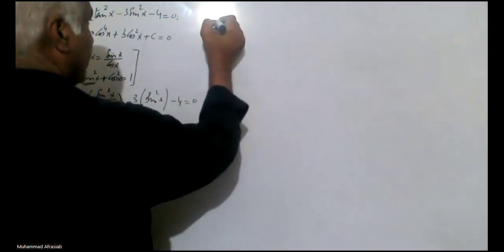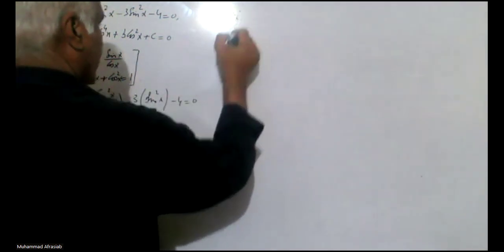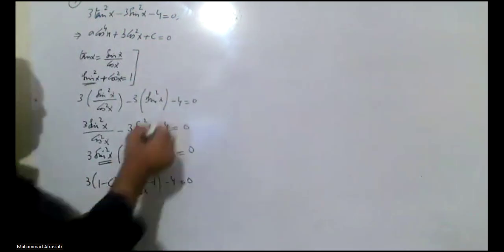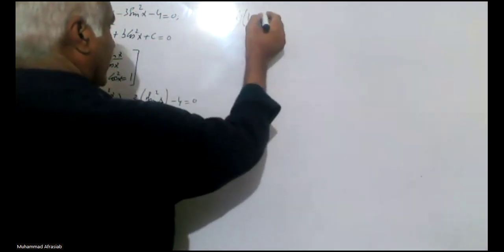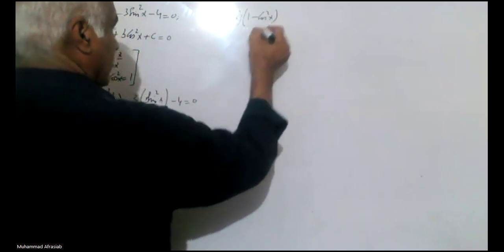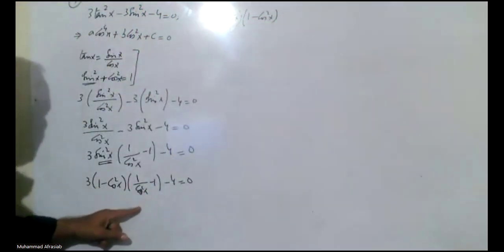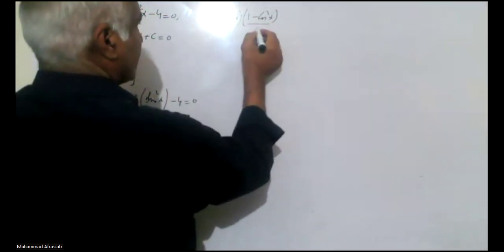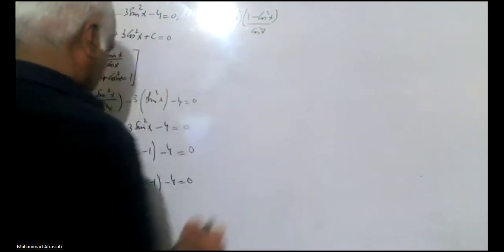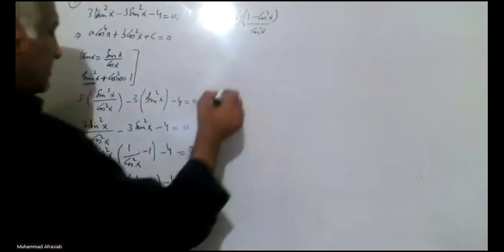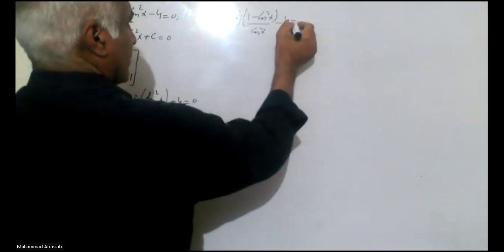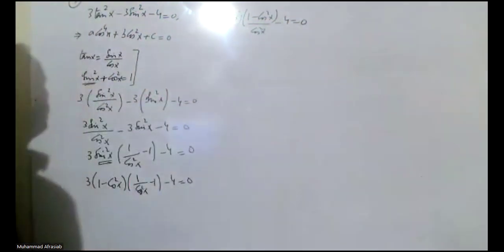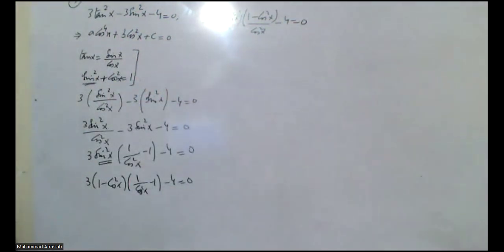It is 3 into 1 minus cos square of x as it is, and 1 minus cos square of x over cos square of x, minus 4, is equal to 0.